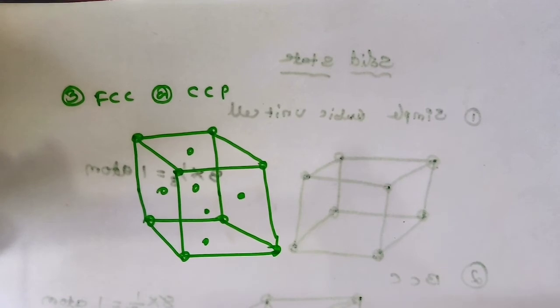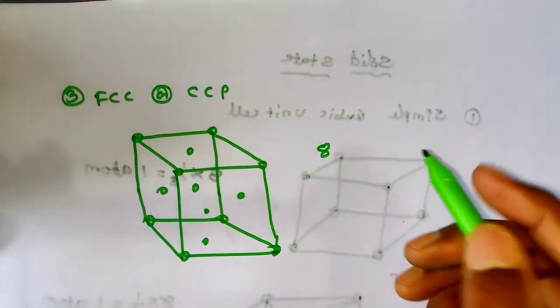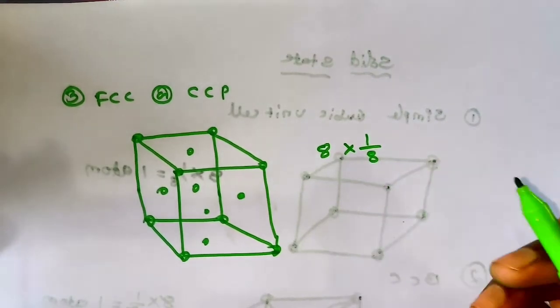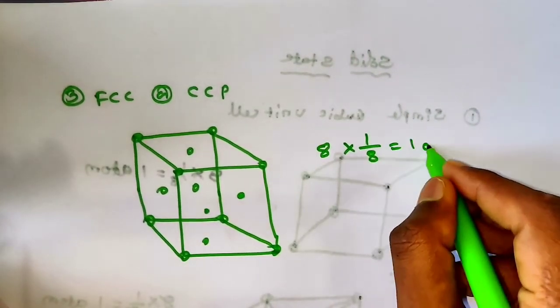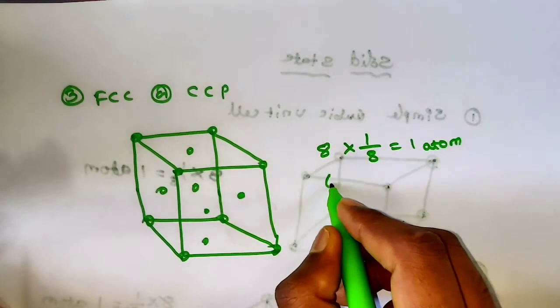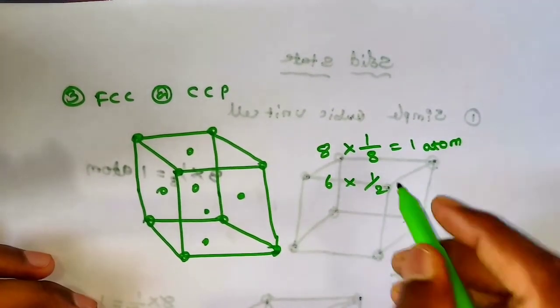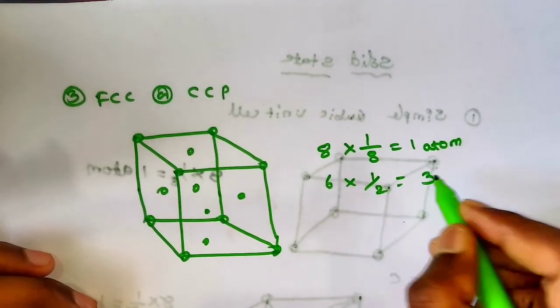Hence, what is going to happen? We already know 8 atoms are present at the 8 corners. How much? Only 1/8, so that is equal to 1 atom. And the 6 atoms present on the faces share only half of their atom, so it will be 3.